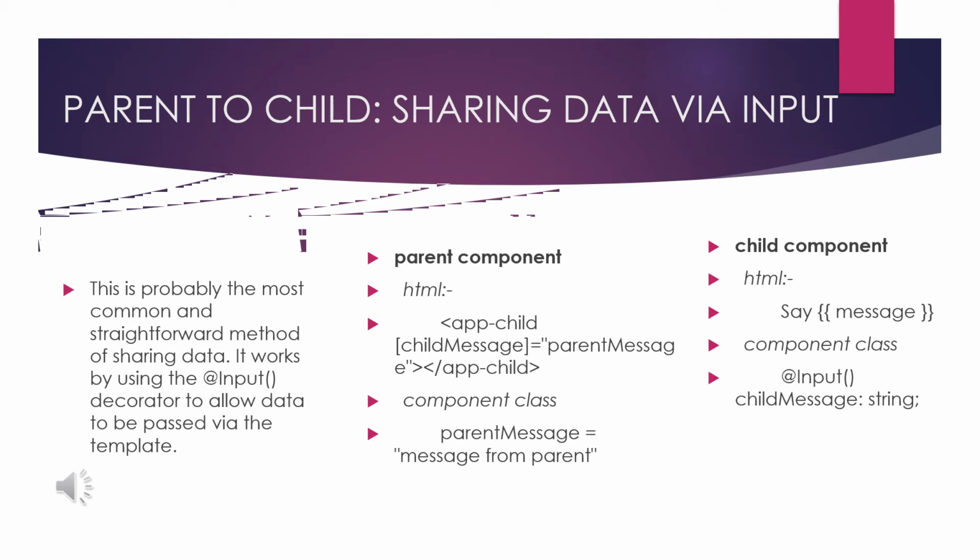It is set to the child message. This child message gets into the child component because we are using the input parameter before it. So this input will get the value, which is modified and stored inside the child message variable, and we will have this message in the HTML file. So "say message" means "say message from parent" will get populated easily.